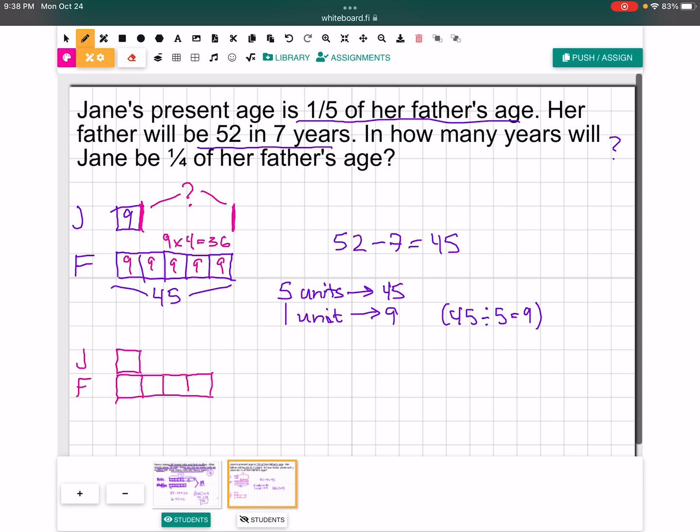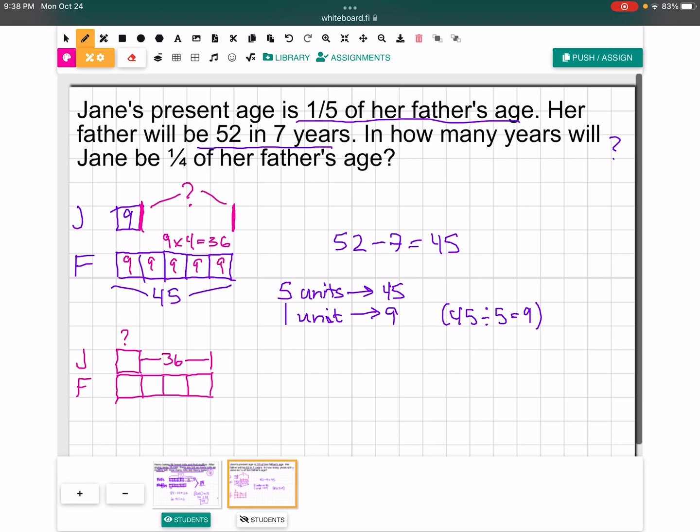Okay, so when Jane's age is something, we're not sure what, her father's age will be something else, and we're not sure what that is either, but we do know that this difference is going to stay the same. This is still going to be 36.